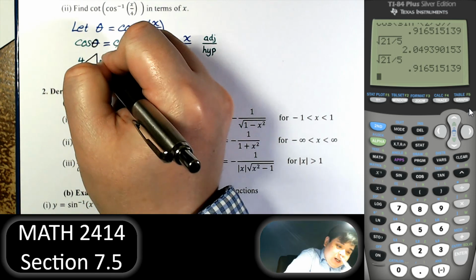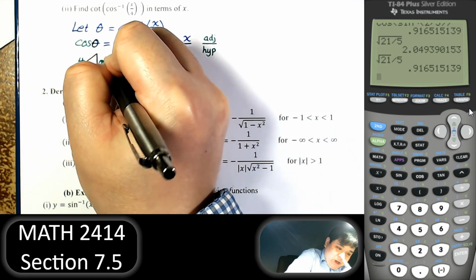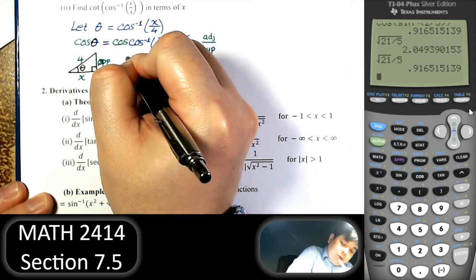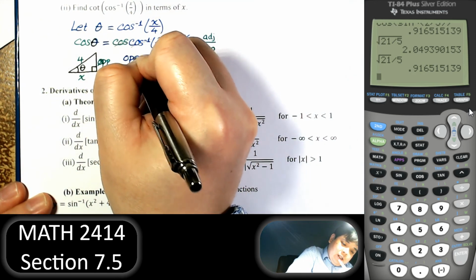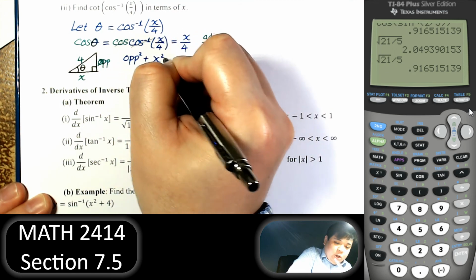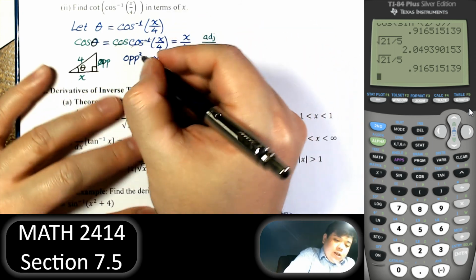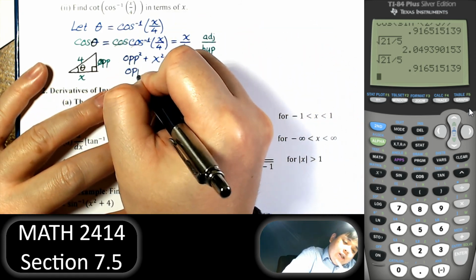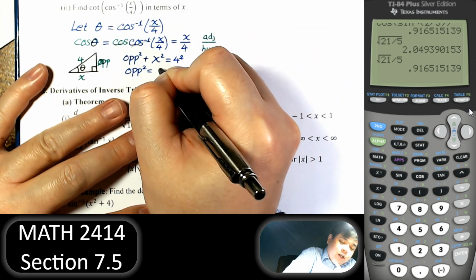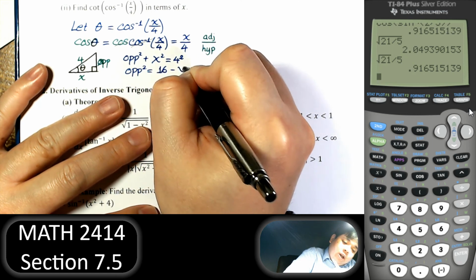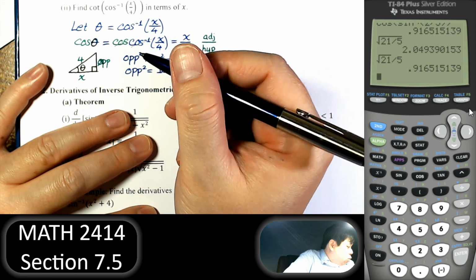So this is opposite, which we don't know. We can use the Pythagorean theorem to solve for it. So opposite squared plus x squared equals 4 squared. So opposite squared equals 4 squared, which is 16 minus x squared, and we take the square root on both sides.